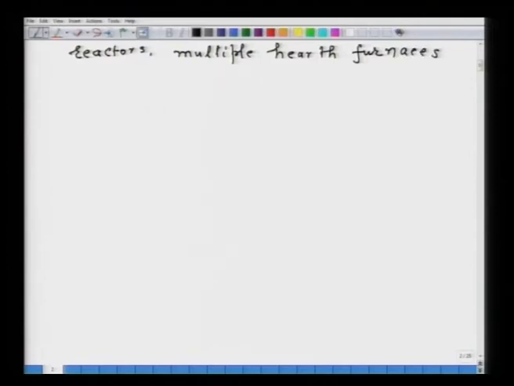And the fuel, or let me put another, you can put source of energy.